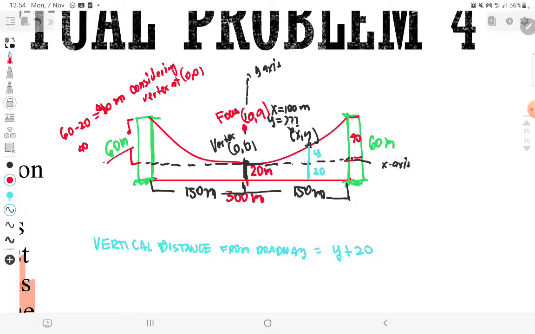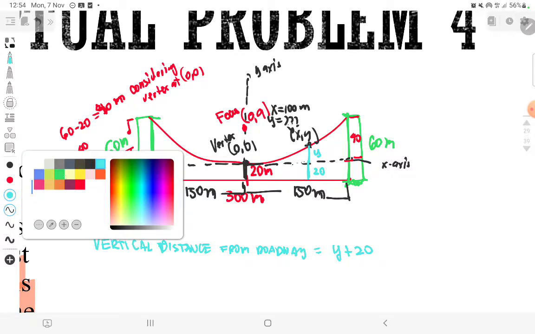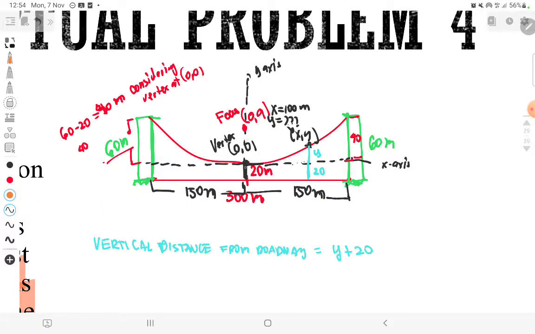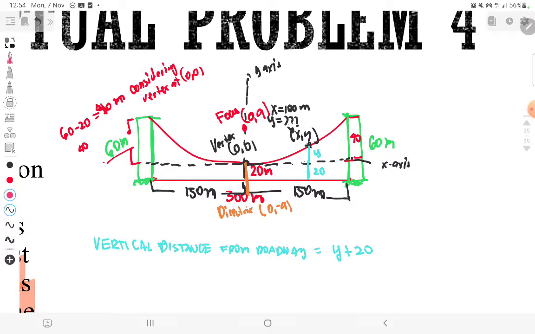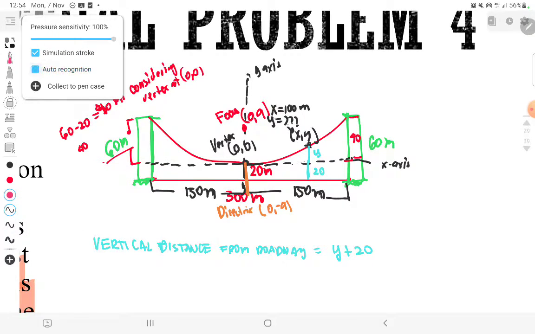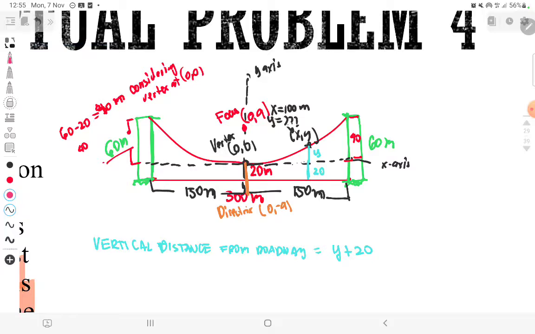Next is my directrix. So a value 0 here, therefore I will have a directrix at a point within the axis that is 0 minus A, because they are equal. If I create my directrix, I will not consider the roadway as my directrix.